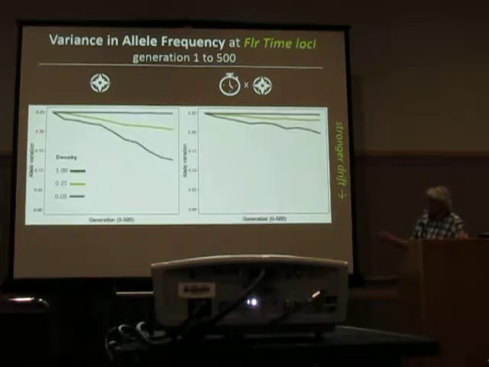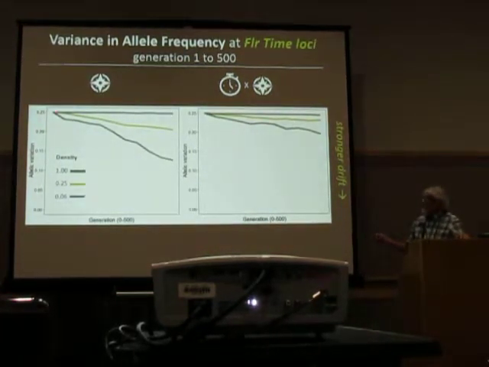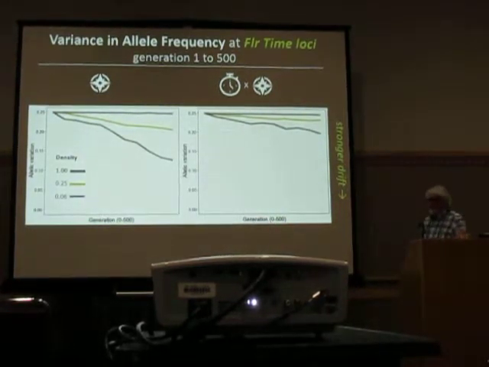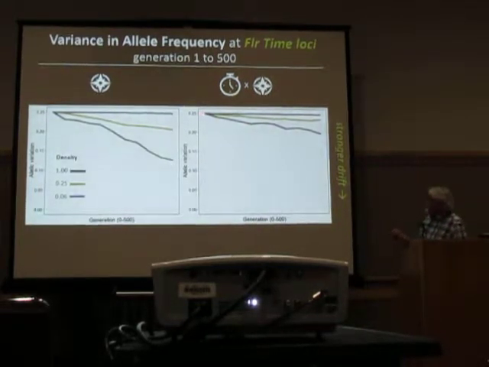If you have a low density population, a low genetic neighborhood size, you don't lose diversity very much. That's like Wright's prediction, okay? And the simulations reproduce that. For flowering time loci, what you find is that by doing this clustering, you lose less diversity in the flowering time loci over time.